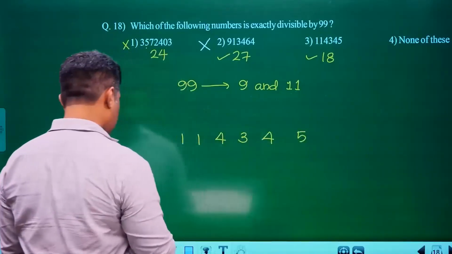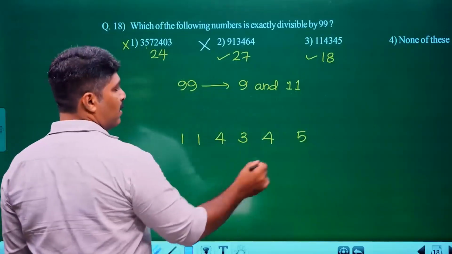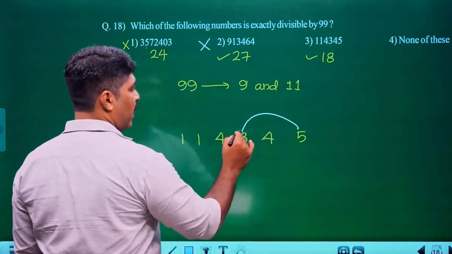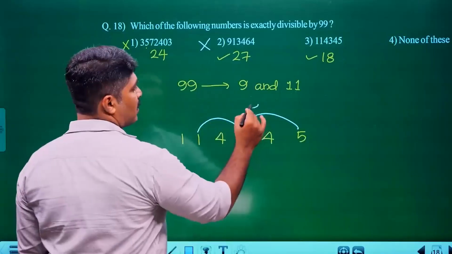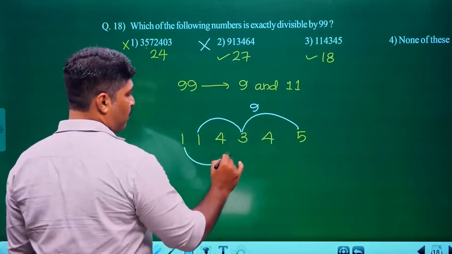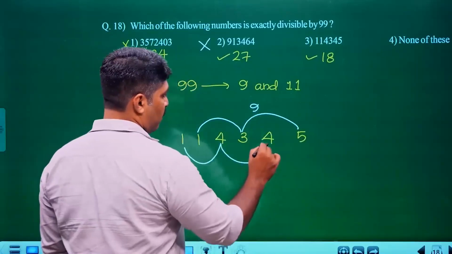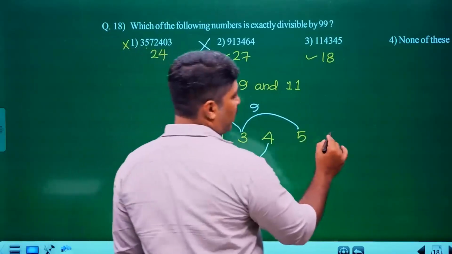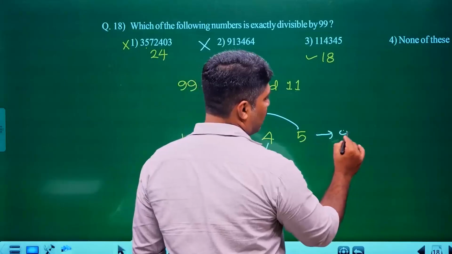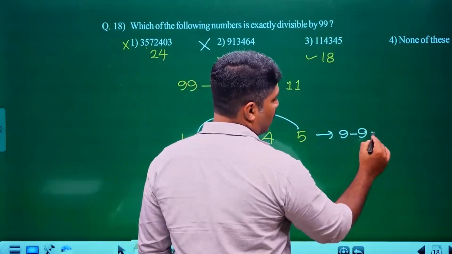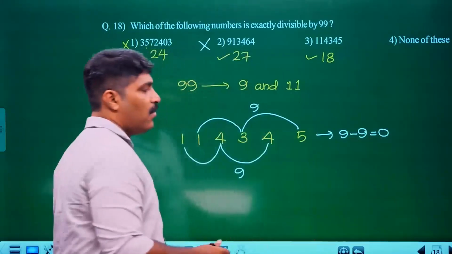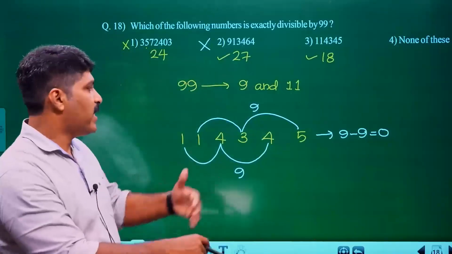We are testing the divisibility rule of 11 here. So this is 5 plus 3, 8 plus 1, so this is 9. This is 1 plus 4, that is 5 plus 4, that is also 9. Here we got these sums, so the difference is equal to 0, or those two sums are equal. That's one condition.